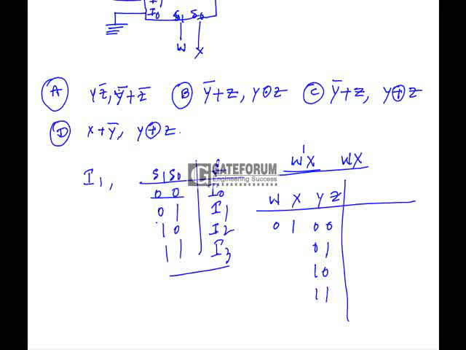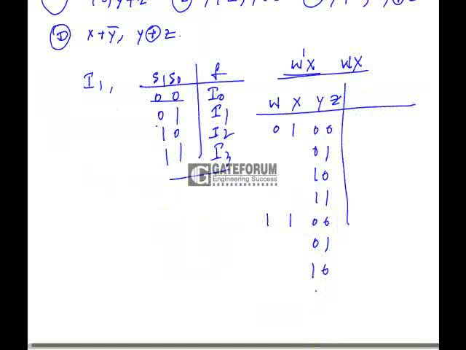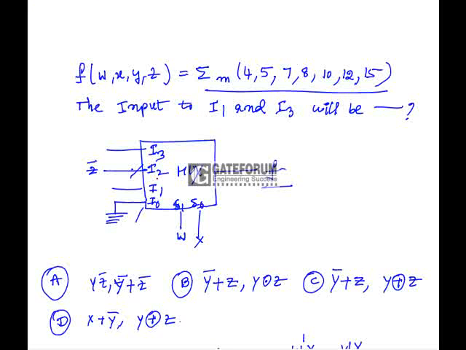Similarly, when WX is 1, 1, we can take the combinations 0 0, 0 1, 1 0, 1 1. These combinations you have to see, because those are fixed. I2 is fixed and I0 is fixed.